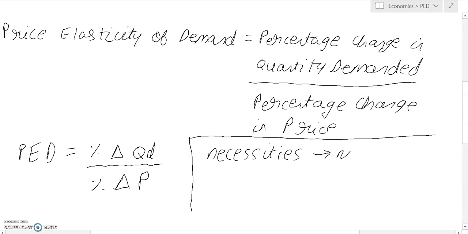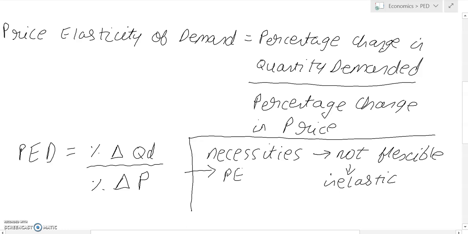So whenever we cannot be flexible, we say we are inelastic. That means this formula will give us an answer where PED is less than 1. Even though the price may rise, we will still buy the product. We may buy less of it, but the product will still be bought.